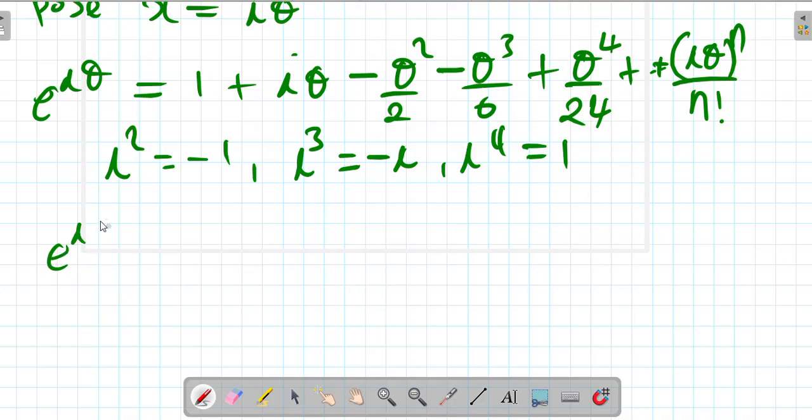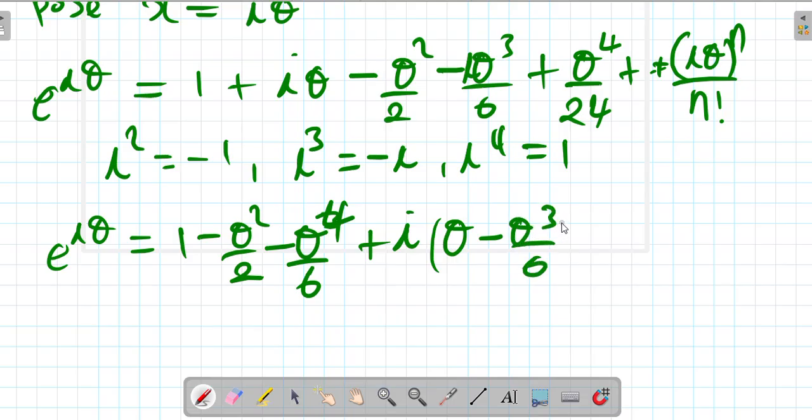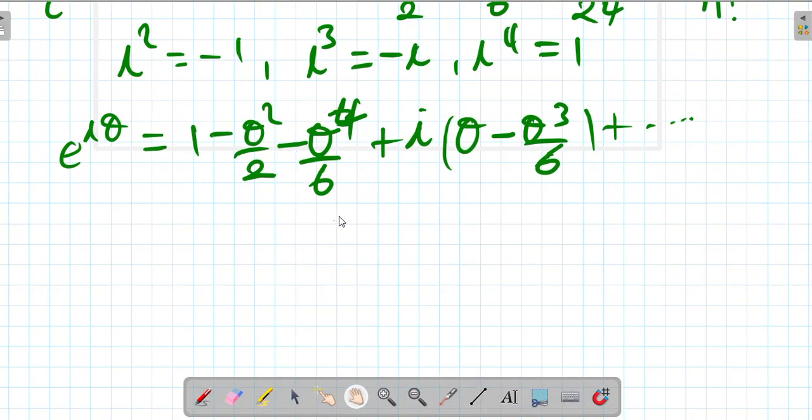So for example, e to the i theta will be equal to 1 minus theta squared over 2 plus theta to the power 4 over 24, and then plus i times, if we group the imaginary terms together, theta minus theta cubed over 6, and so on.